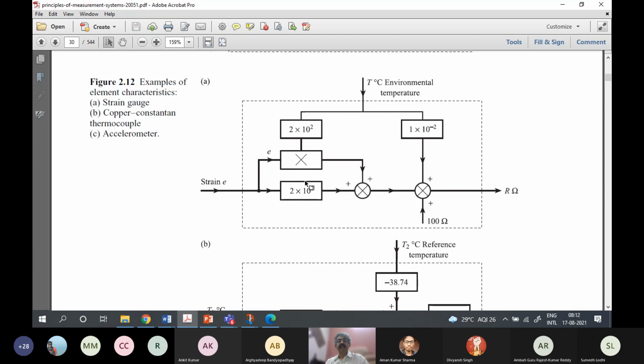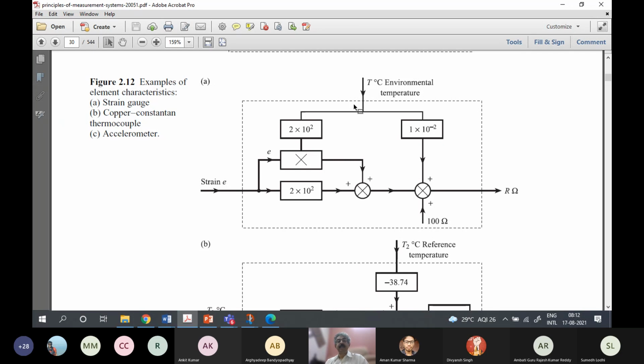And the gauge factor changes with respect to, so there is a thermal coefficient of resistance effect. So the resistance changes not only due to strain but also due to temperature. Therefore, temperature acts as an interfering input through this channel.